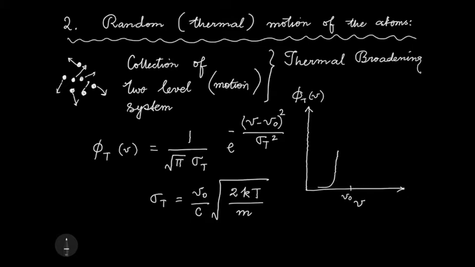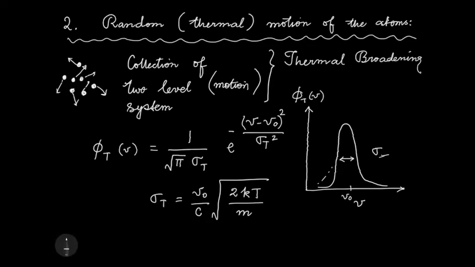And if I plot again nu and now phi T, you know how a Gaussian looks. It will be a more gently rising curve compared to a Lorentzian. The Lorentzian, in this part, will be more spread out.